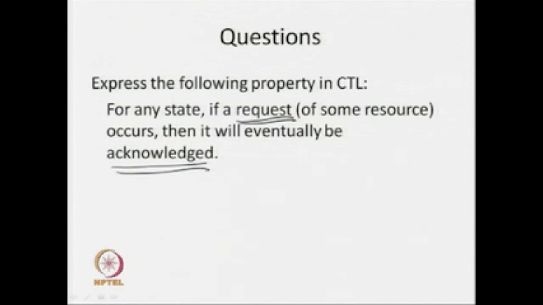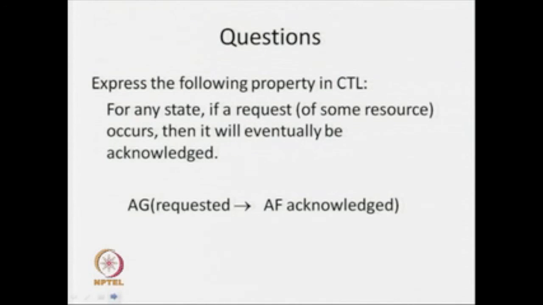When the resource is granted to the process, we can say that it has been acknowledged. Then again acknowledge is a signal, its value is either 0 or 1. So, this is also an atomic proposition of my model. So, we get two atomic propositions, request and acknowledge. Now, with the help of these two signals, we will define this particular property in CTL.